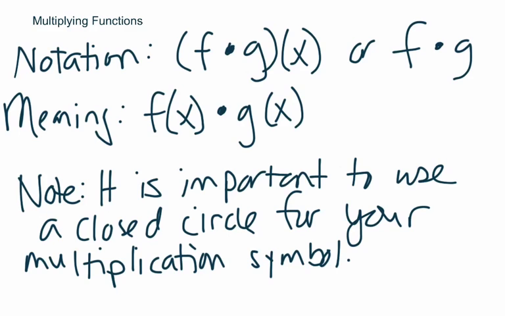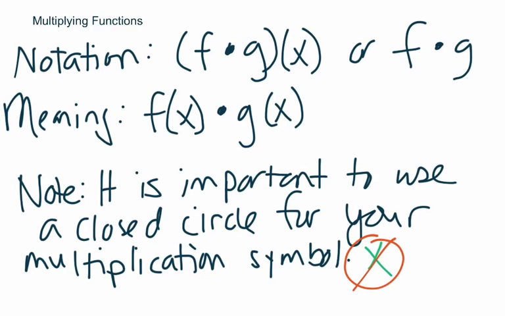Because an x will look like a variable, so you don't really want to use an x for a times symbol in a problem that would have an x, and you don't want your times sign to be bubbly. You don't want to use that because it'll look like an x like in the problem.